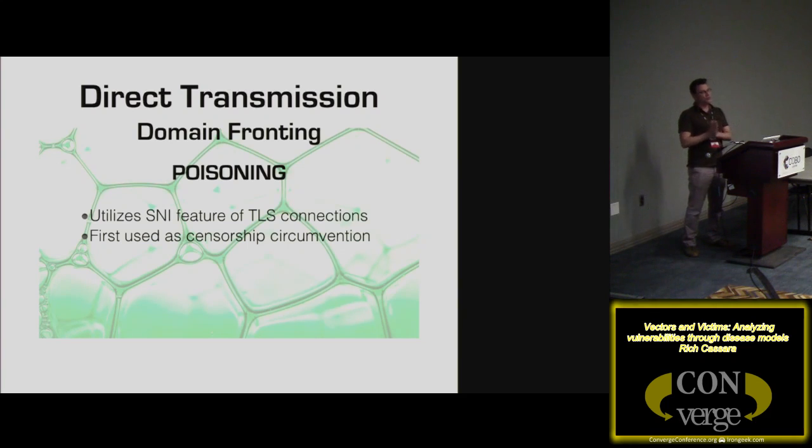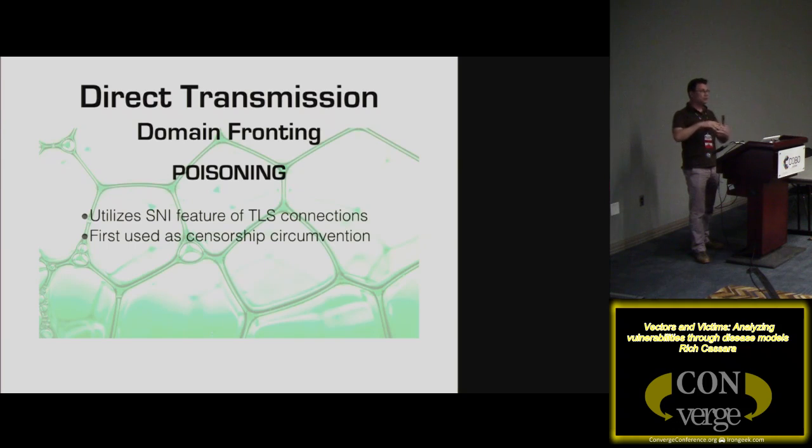The reason for this is that we now have large content distribution networks that host multiple things behind a single access point, things like Amazon CloudFront. People found that they could circumvent censorship with this.